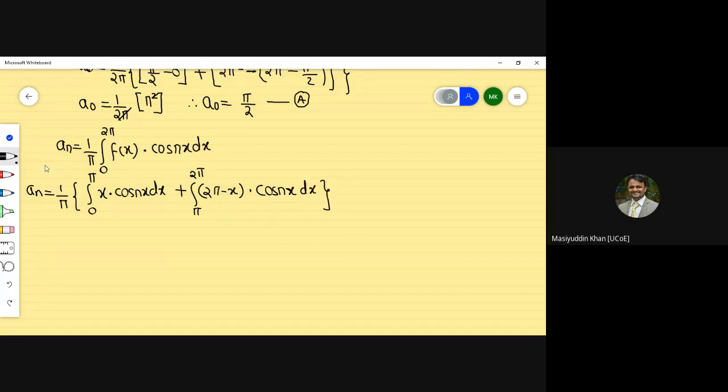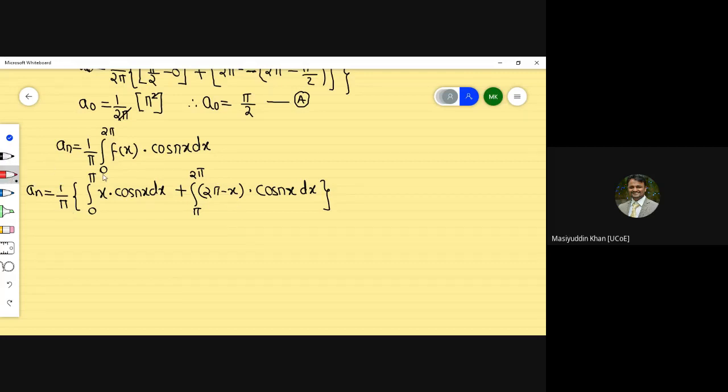So we have to perform these two parts because it is clearly mentioned that the function is divided into two parts. So we have to integrate this part by using integration by parts.